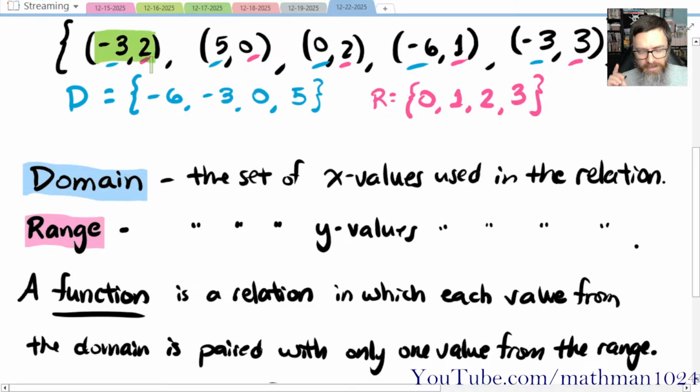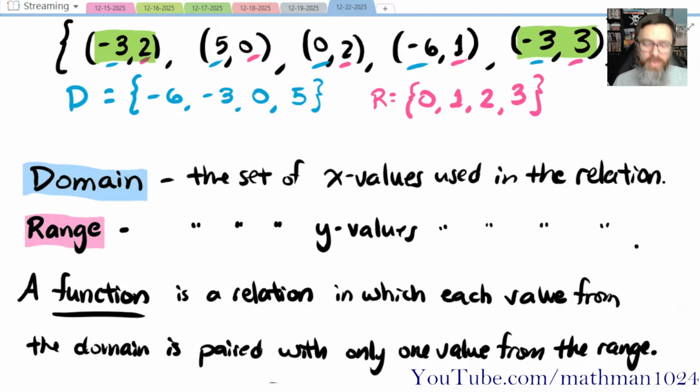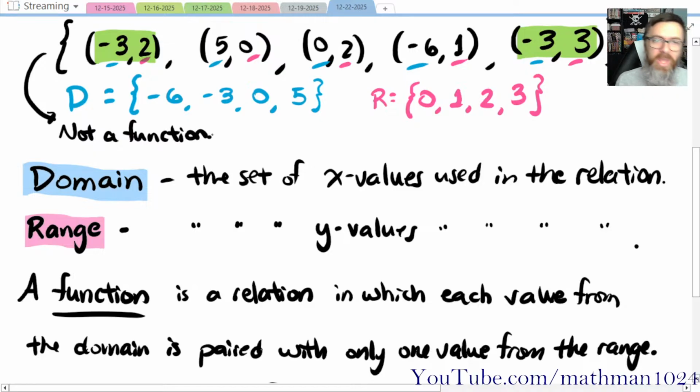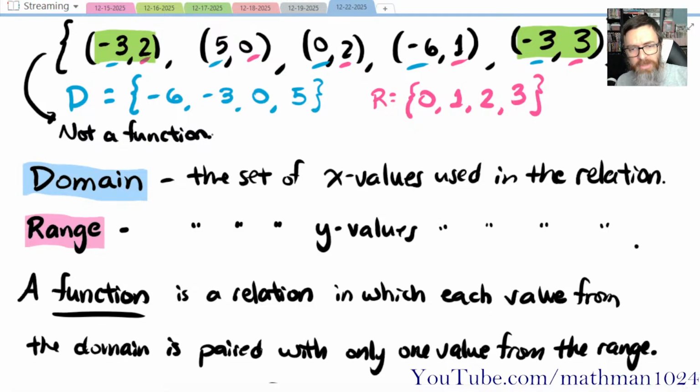In other words, I plug in -3, I'm getting out 2. But you also see over here that if you plug in -3, you're getting a different answer. So that means that this guy right here is not a function. Because in order for it to be a function, each value you plug in, each input, each x, can only point to a single y value.